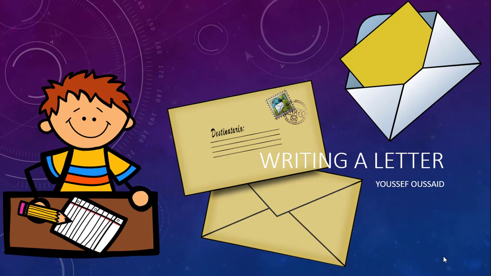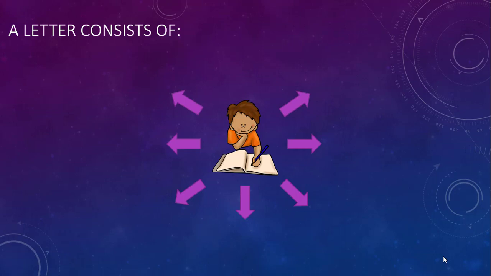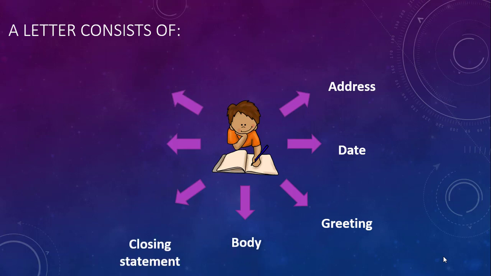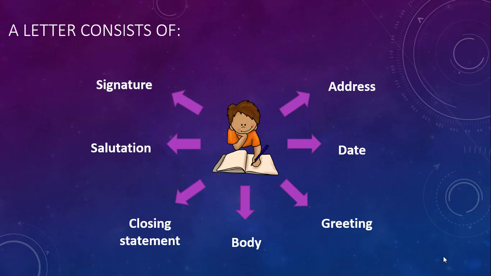Now let's move on. A letter consists of 7 parts. The first one is the address and the date. Next, greeting, body, closing statements, sometimes salutation, and signature.